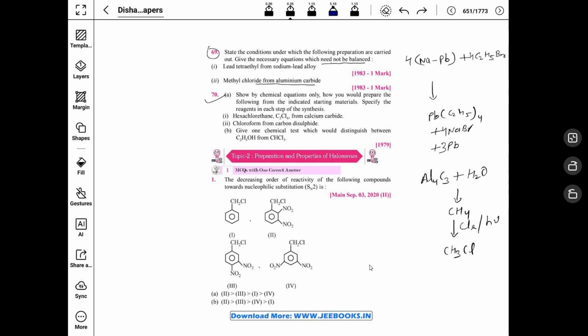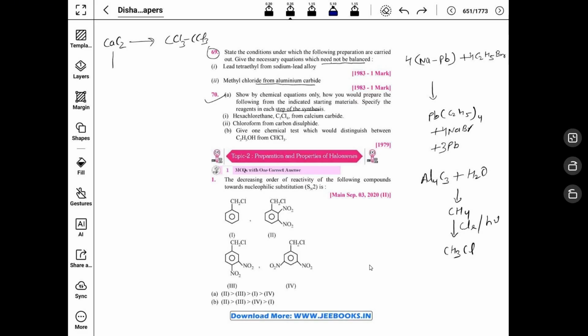Now moving to question number 70. Show by chemical equation only how you would prepare the following from the indicated starting materials. Specify the reagents in each step for the synthesis. Hexachloroethane from calcium carbide. So from calcium carbide, we have to get CCl3, CCl3.